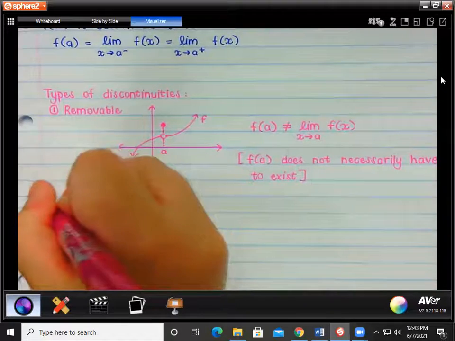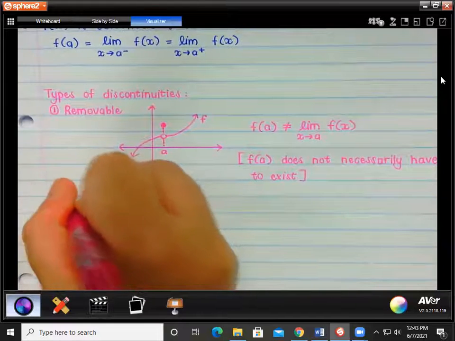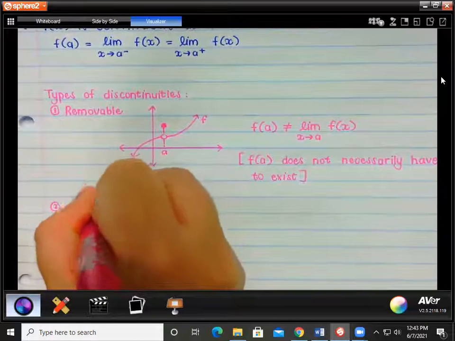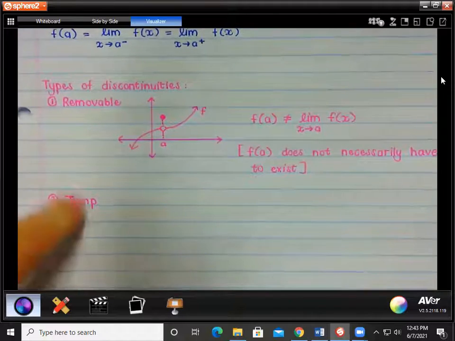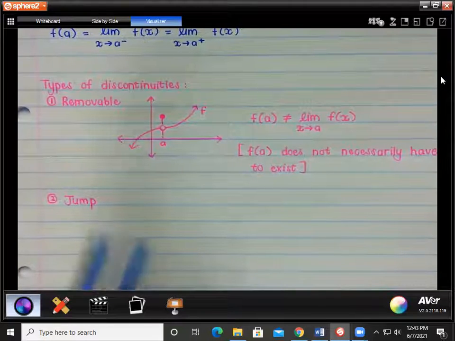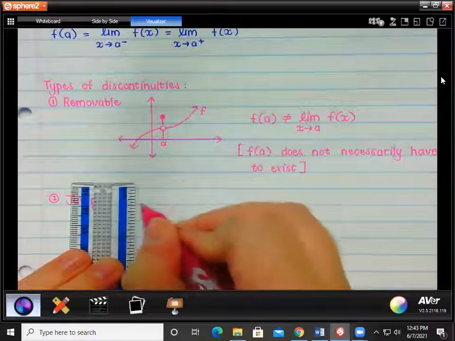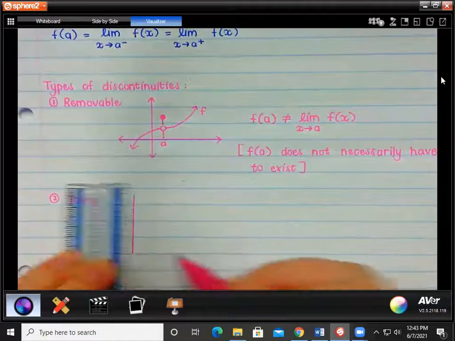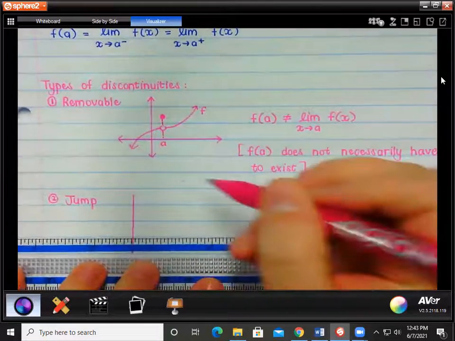Okay, the next one is a jump discontinuity. I'm just going to write jump. All right. Obviously, it's types of discontinuities. So I'm just going to draw an example here. It could obviously look different.